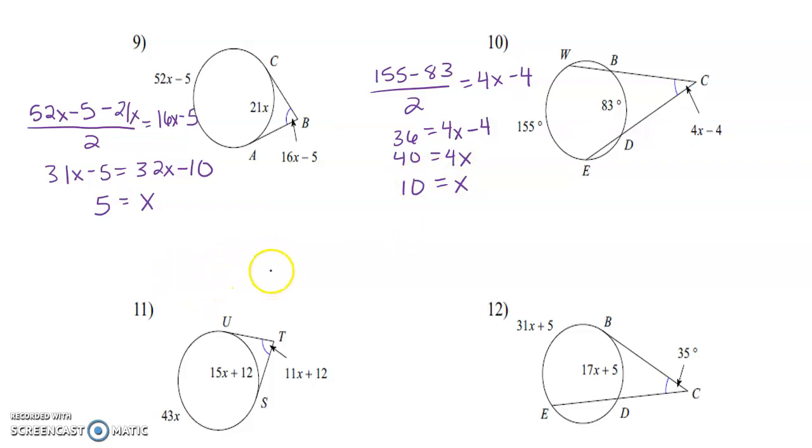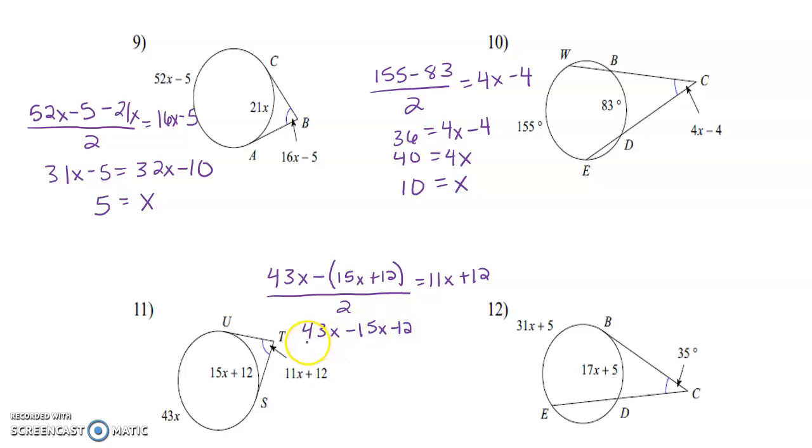Okay, let's try a few more. 43x minus, now look, I've got two terms in my near arc, so I'm going to need my parentheses to group them. So I'm subtracting this entire amount. Divided by 2 equals my 11x plus 12. Okay, so I'm going to distribute minus 15x minus 12. And then I'm going to go ahead and have 22x plus 24.